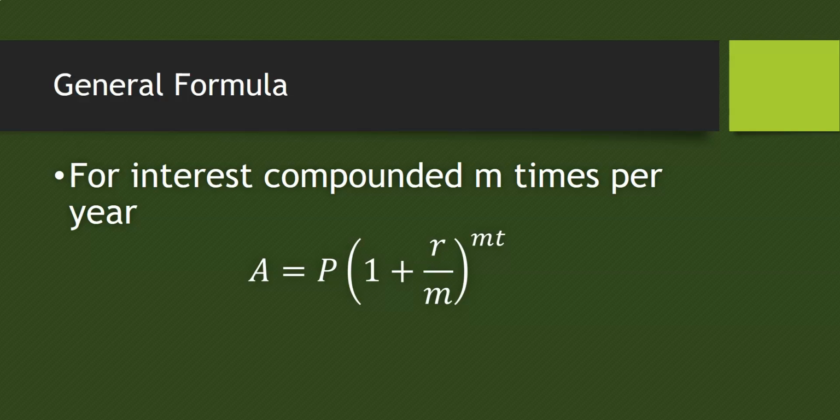So a present value is a starting value, and that A is basically the end value. R stands for rate. That is your interest rate written as a decimal. We've dealt with that before. And T stands for time, specifically the amount of years you are going to let this account or this investment sit and gain interest.